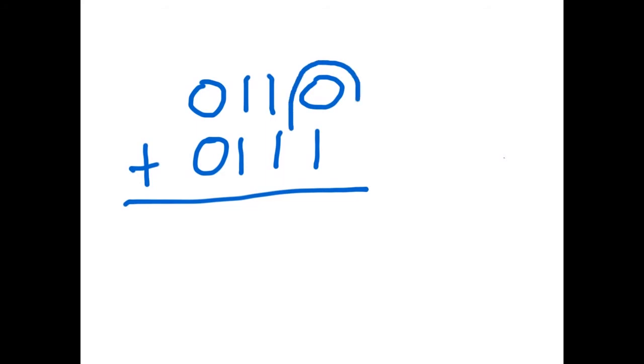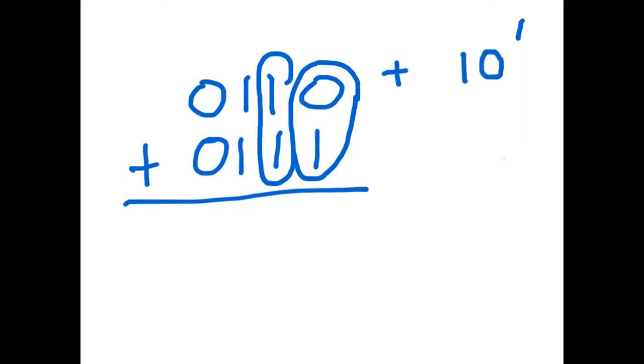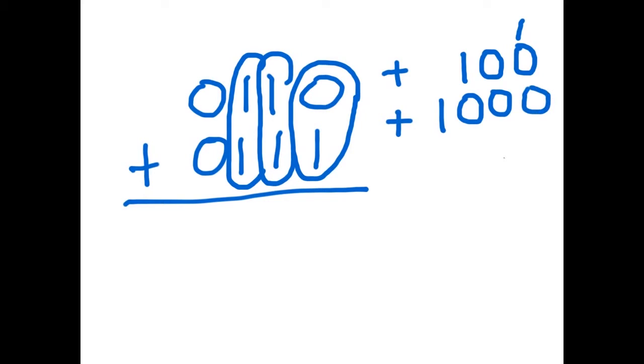We're going to say 0 and 1 is 1. 2 and 2 is 4, but we're going to write 4 in binary, which means a 1 in the 4's place. And then 4 and 4 is 8, which we're going to write by putting a 1 in the 8's place.